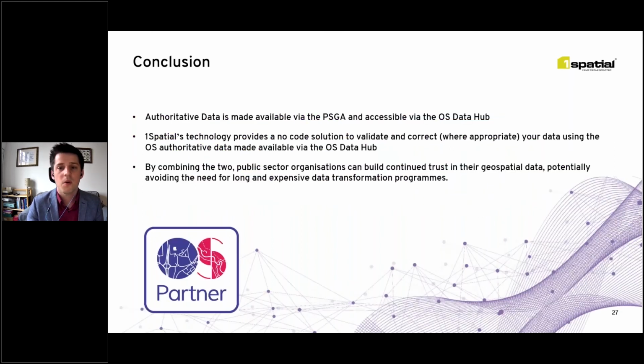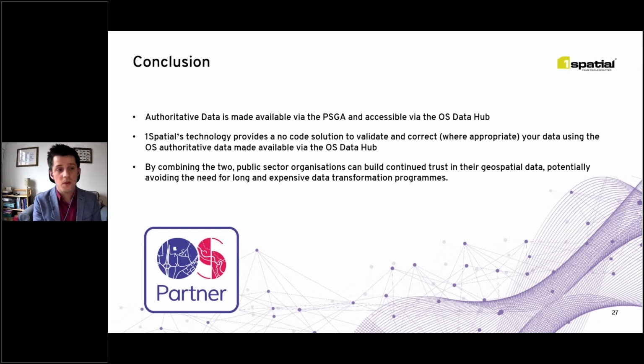So some concluding points, just before we've got our final couple of poll questions, is that we've got authoritative data and it's made available via the PSGA and it's accessible via the OS Data Hub. So it's there ready for you to be used. And there's many different use cases of it, as you saw in Charlie's presentation.